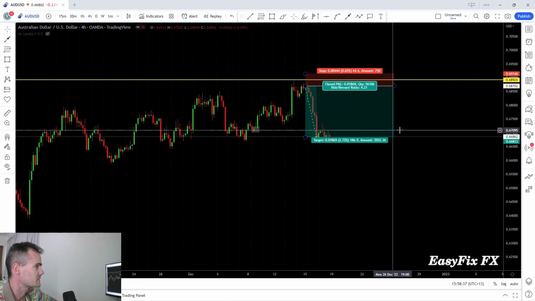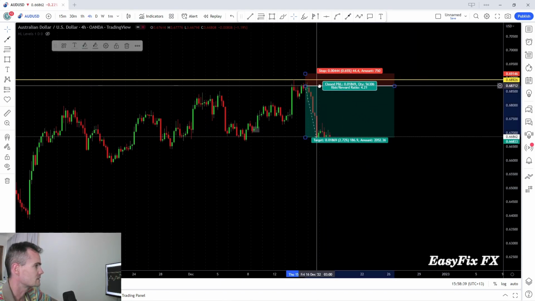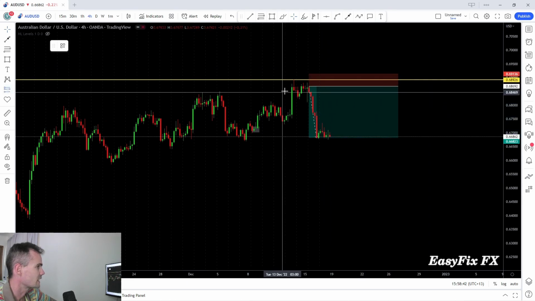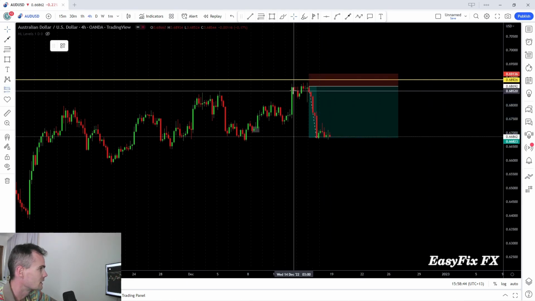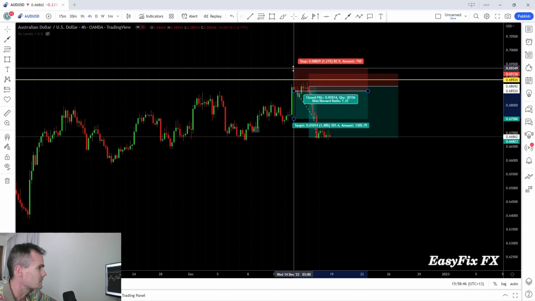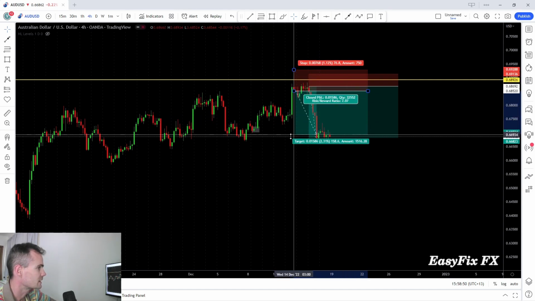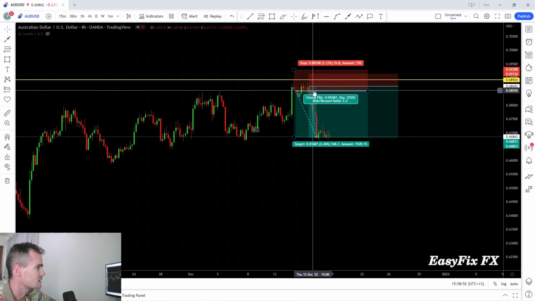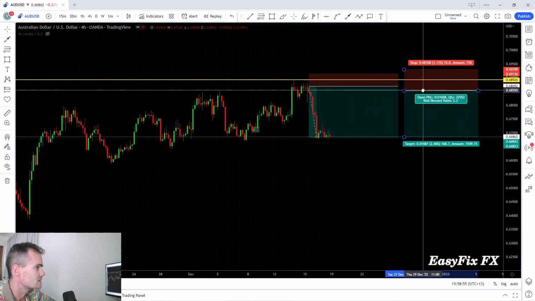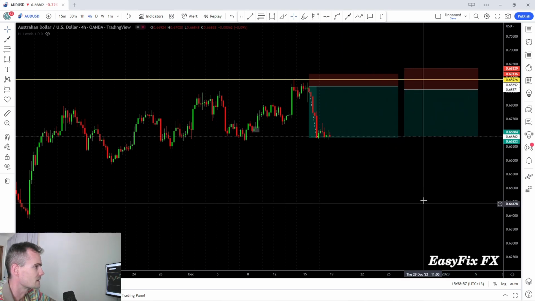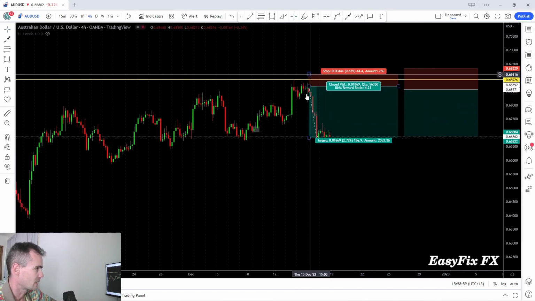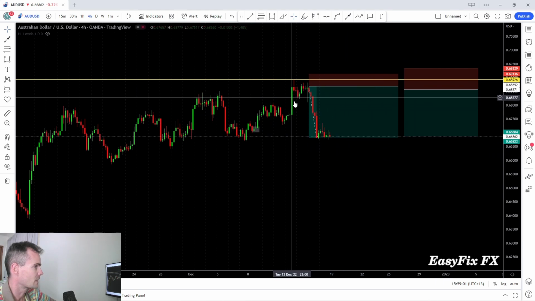Because the mistake a lot of traders make is that they'll enter after the candle closes, and then they'll have their stop above, like that for example, and they'll be targeting down here. But the reason why you want to wait for the retracement is because you see the difference now in the stop loss. And the risk to reward is a lot greater if you wait for that retracement.